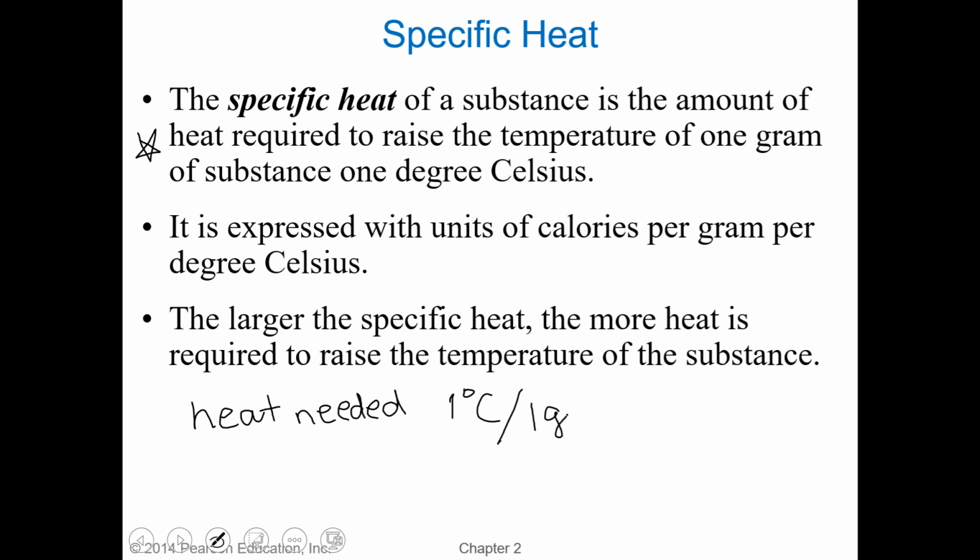Every single thing in the universe has a very specific heat that never changes, but it is specific to that particular compound or formula or item or element or thing, okay?